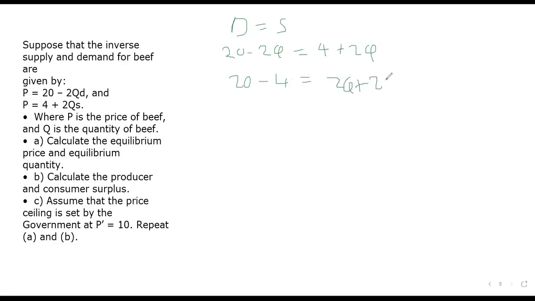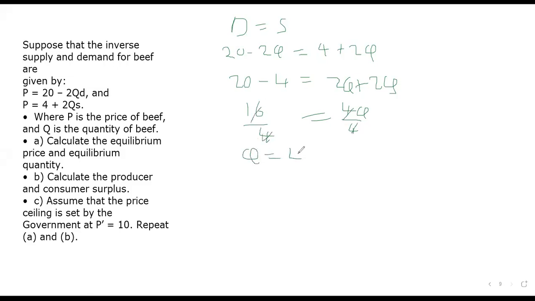Excellent. What do we have? 16 is equal to 4q. Then we divide 4q into 4 and 16. So our q is going to be 4.